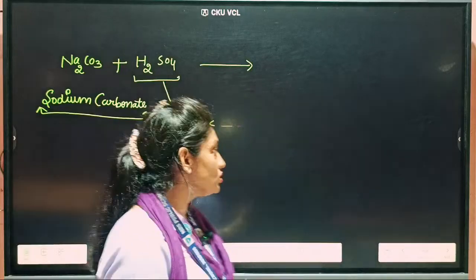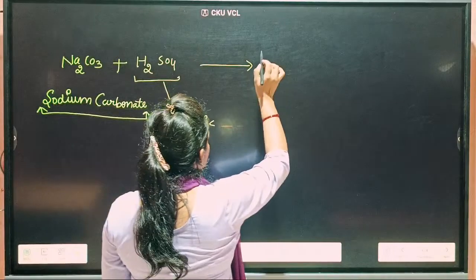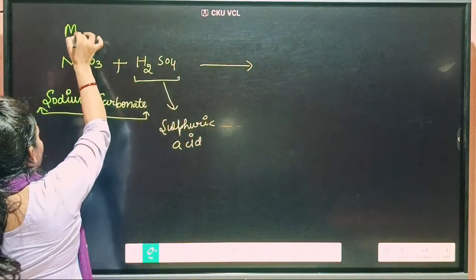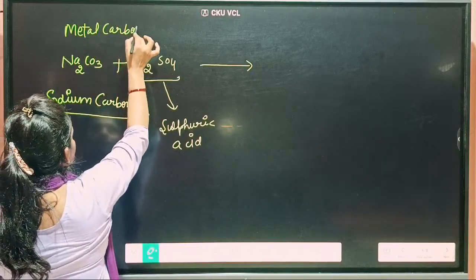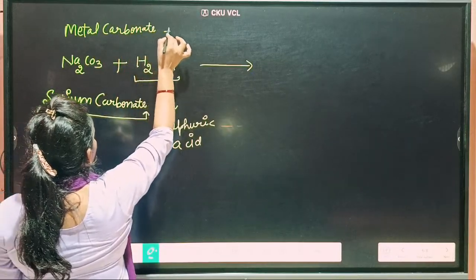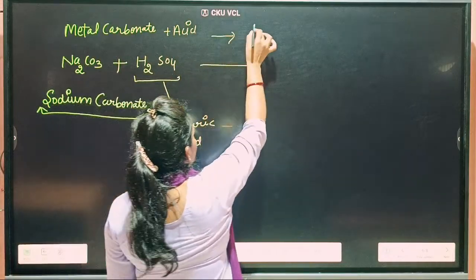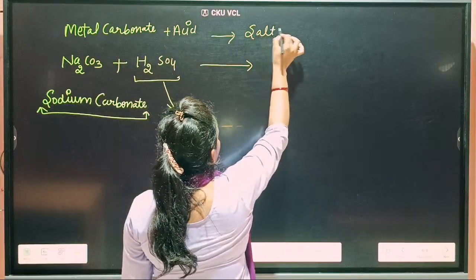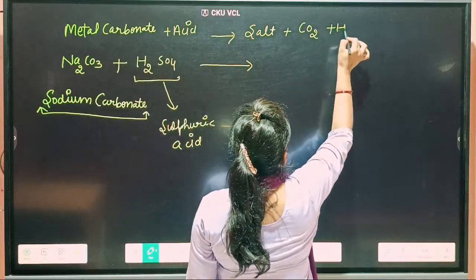Okay, so students, here what will happen? Formation of salt: when a metal carbonate and an acid combine with each other, they give salt plus carbon dioxide plus water.